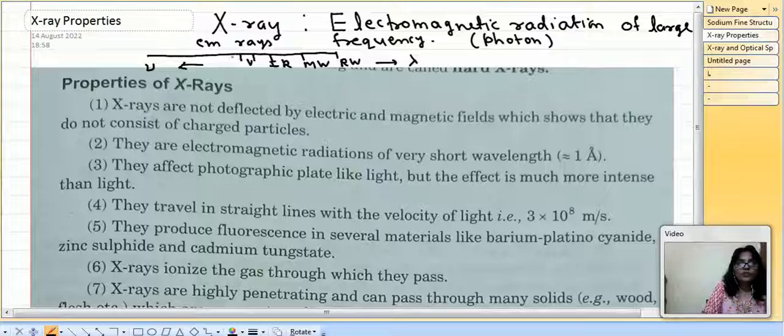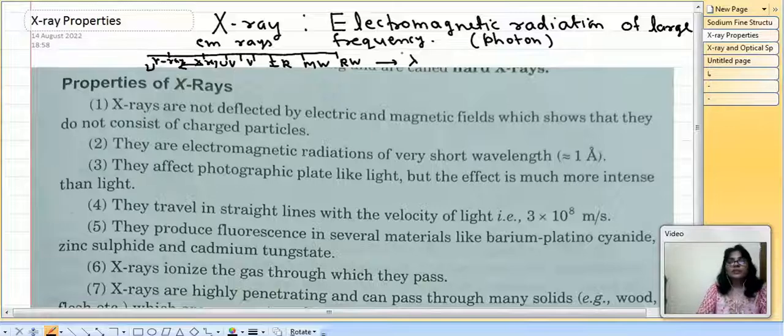After the visible range we have ultraviolet, and then X-ray, and then gamma ray. So this is the complete spectrum of the electromagnetic rays, and the quanta of all these electromagnetic radiation is known as photon, and these are transverse waves.